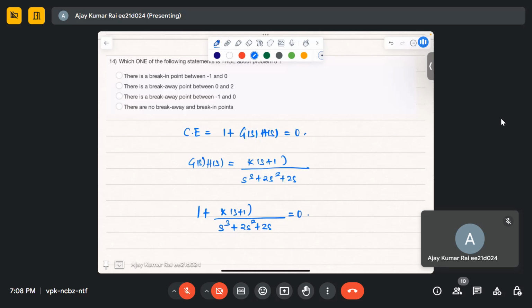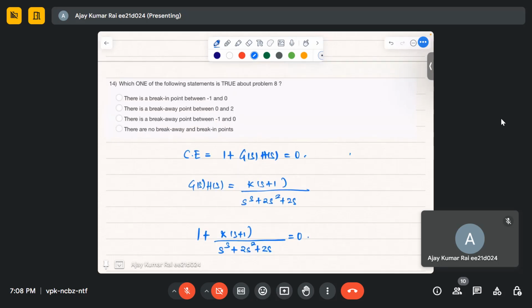First of all, what is a break-in and breakaway point? Break-in is valid for zeros, right? And breakaway for poles. But for breakaway, what happens when two of the poles lie on the real axis?